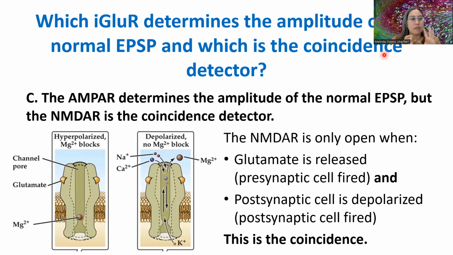So that's the coincidence: the glutamate release and the postsynaptic depolarization, two things happening at the same time. And the NMDA receptor will only open when both of those things are happening. So it is functioning as the coincidence detector because it's only opening and letting in calcium when both conditions are fulfilled, and both are fulfilled only when both neurons are firing. So our NMDA receptor is our coincidence detector.